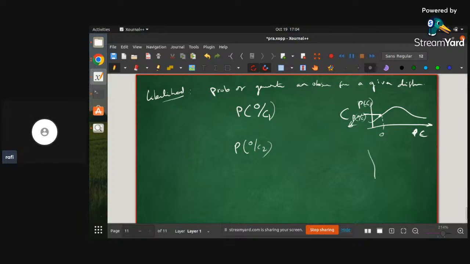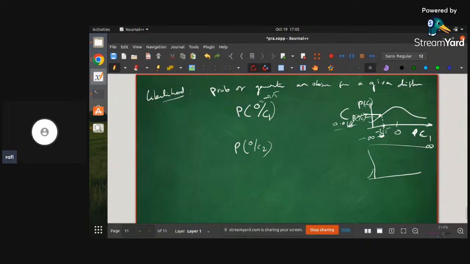For example, this is the C1 variable. I'm just taking an example. The range of C1 is minus infinity to infinity. Okay. So let us say O equals minus 2.5. Okay, this is, let us say, 0 and this is minus 2.5. So the probability of getting minus 2.5 from this distribution is something like 0.01.